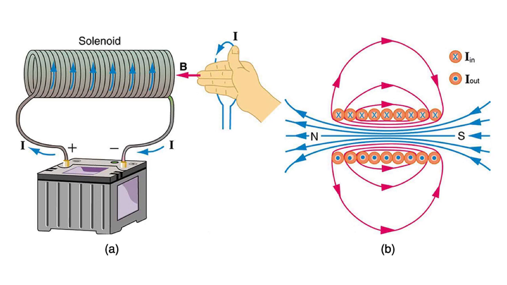It's not exactly a dipole field, but it's fairly close. And you can make it as close as you want to a dipole field, but it's kind of like an extended dipole field with a little stretch. In the very center of the solenoid is where that field is the most intense.